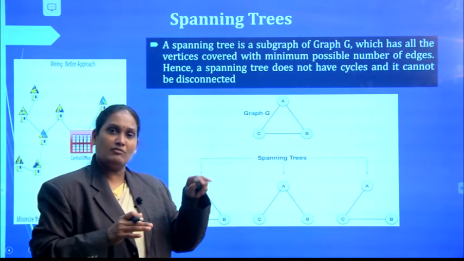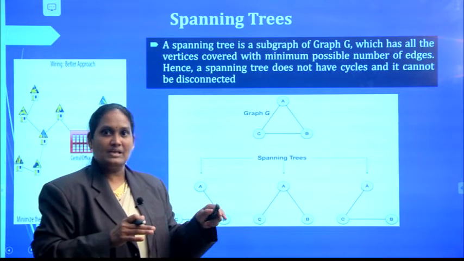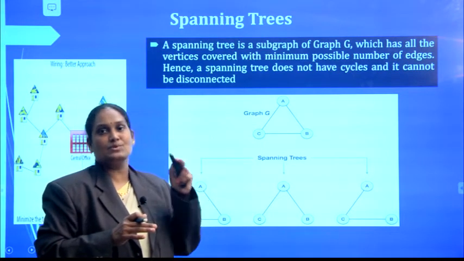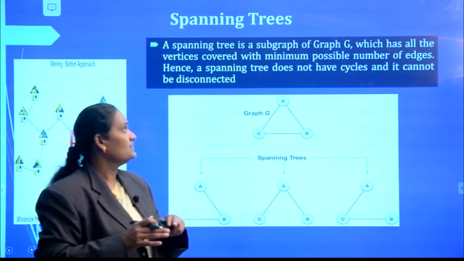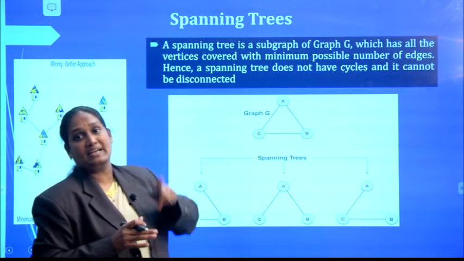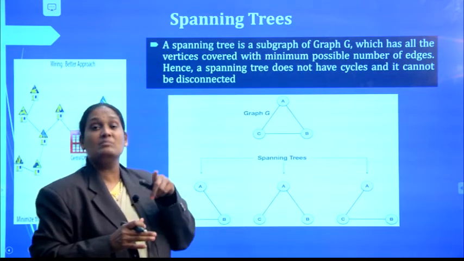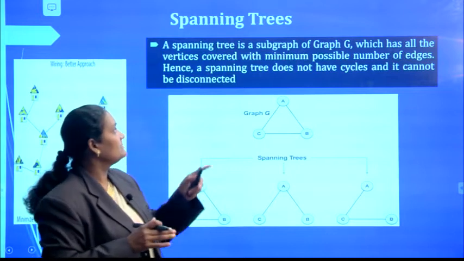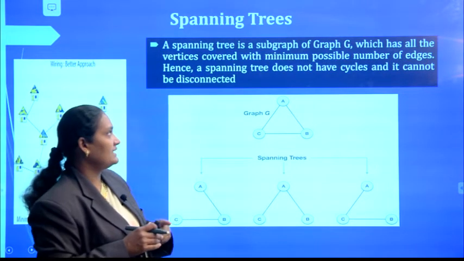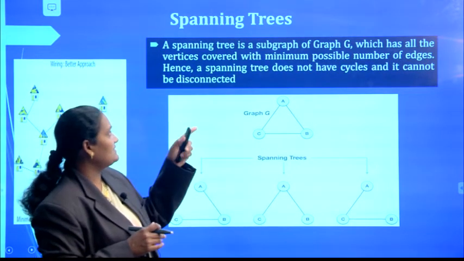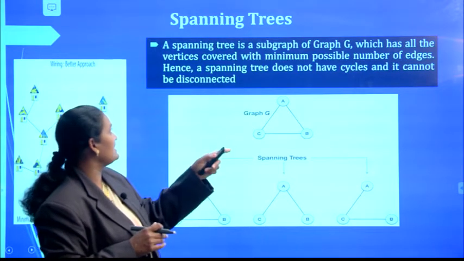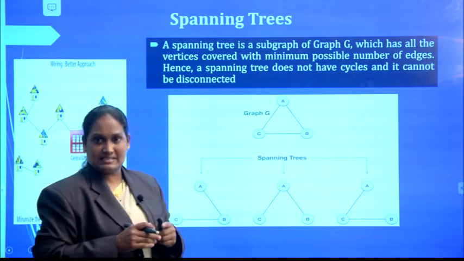So how many vertices are there in the given graph? All the vertices should also be present in the subgraph with the minimum number of edges. With the minimum number of edges, it is called a spanning tree. Hence, we can say that a spanning tree does not have cycles and it cannot be disconnected.